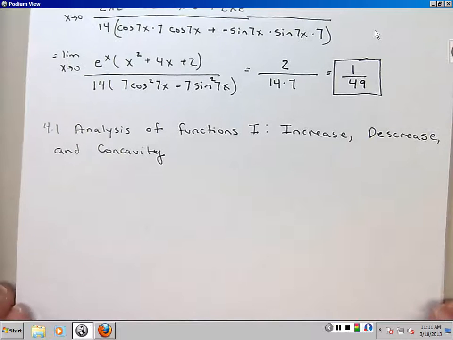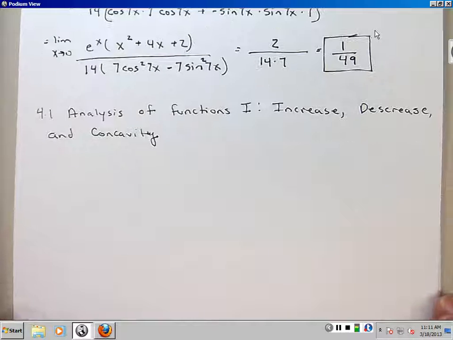Your book kind of goes about this slowly in introducing it, and I will kind of throw out these terms critical point and inflection point without actually getting to the point where we define them, but eventually we're going to define them from the book.